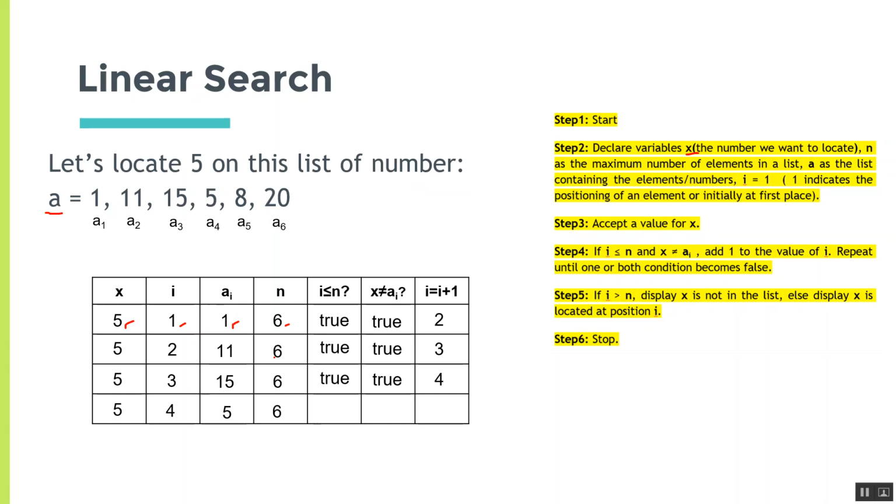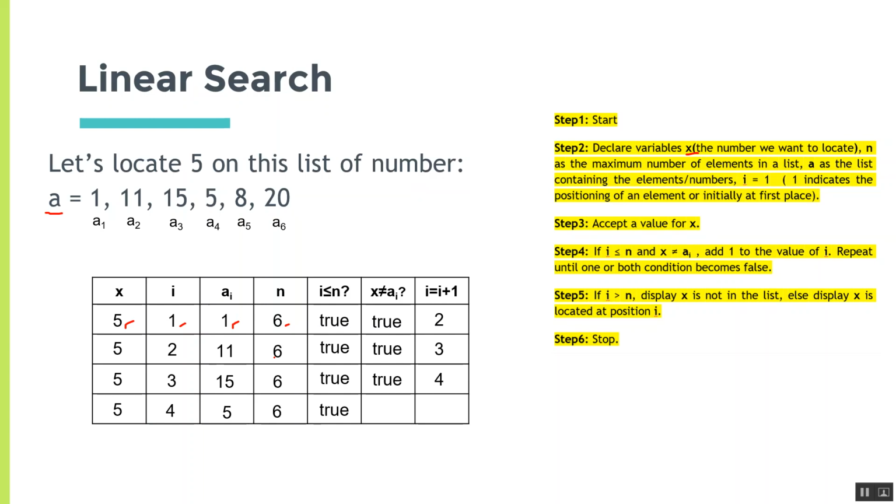Now, let's check: is i less than or equal to n? i is 4 and n is 6, so it's still less than n. This is true. So there are still numbers that we need to search if we're not able to find our number. Now let's check: is x not equal to a sub i? Our x is 5. This is the lookup value, and then the current number in our list is a sub i.